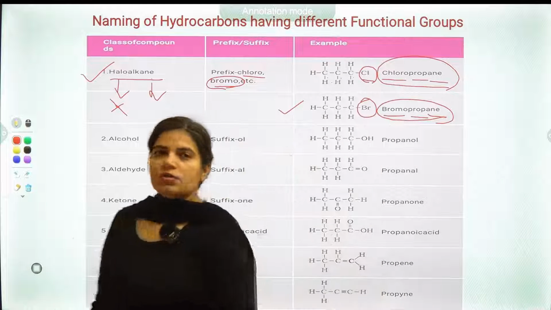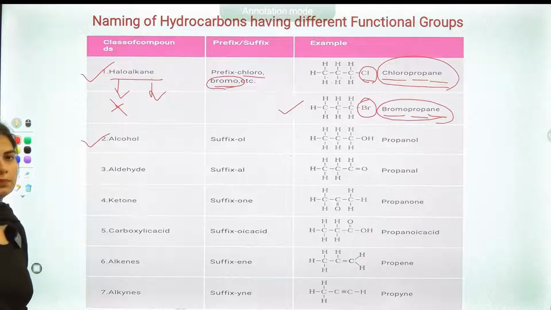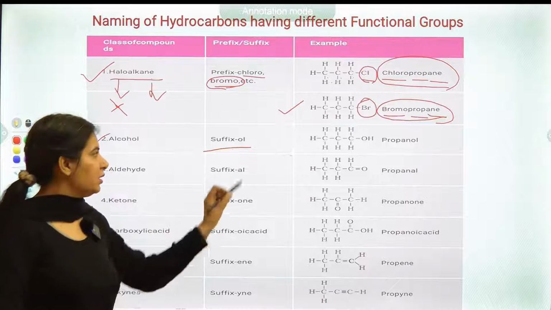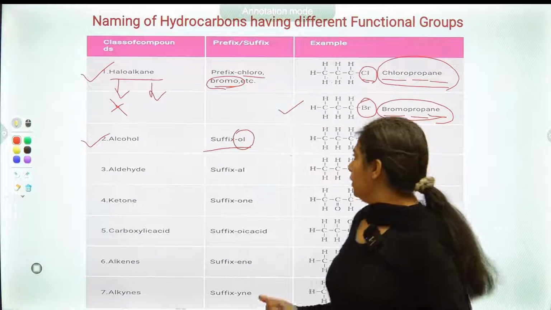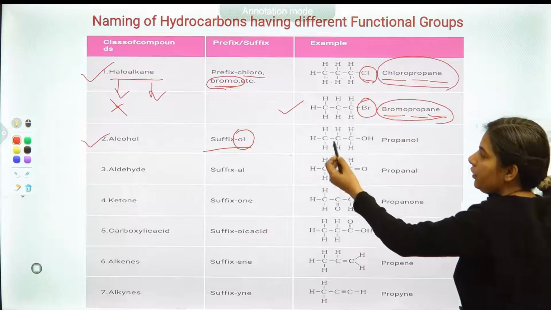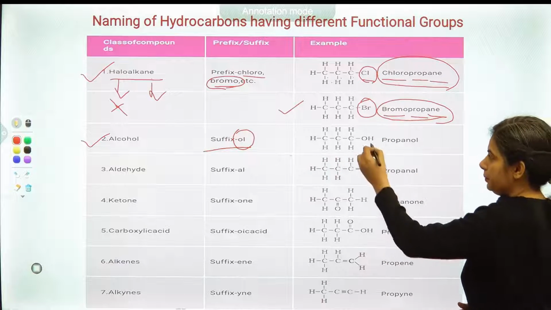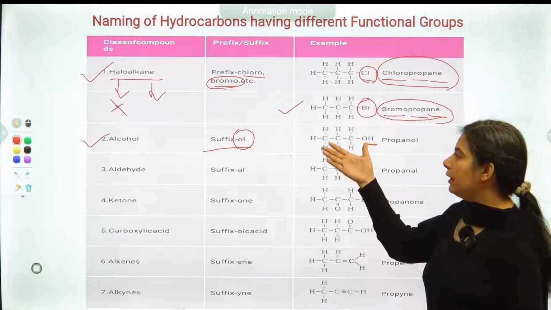Now, let's talk about the next functional group, that is alcohol. And for alcohol, we are going to use suffix that is -ol. And if I talk about the example, here we are having 3 carbon atoms and 1 functional group. So how we can do the naming of that compound?